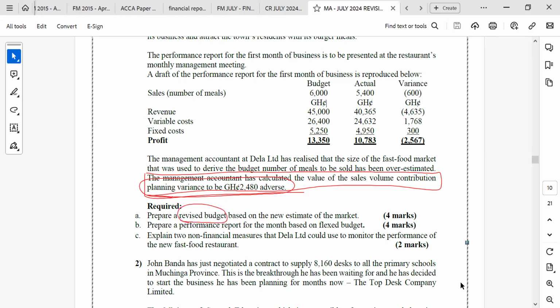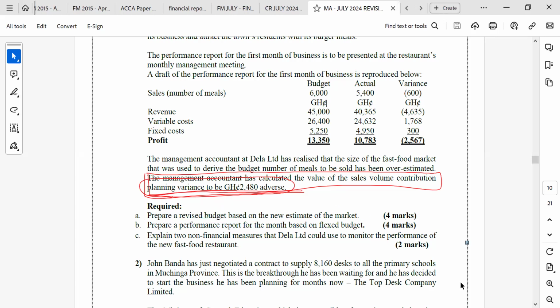So you just have to look for the revised estimate and use it to prepare your revised budget. It's because of this question that we are doing that. If this question is not here, then we just do our normal flexible budget and move on. Are you okay? Thank you very much. All right.